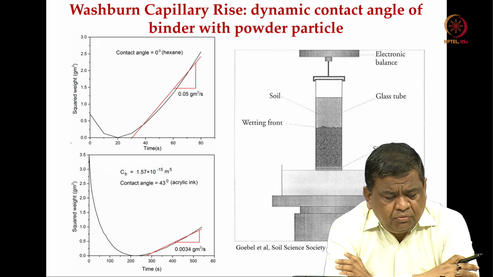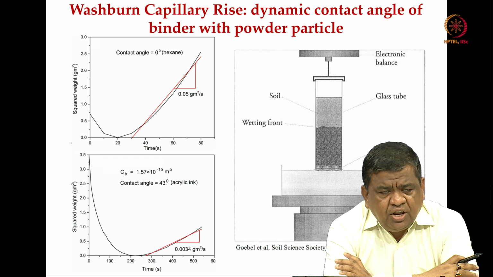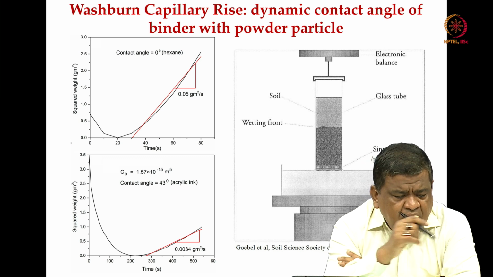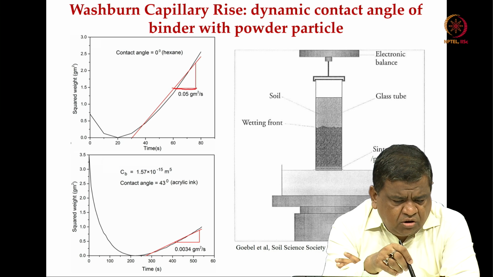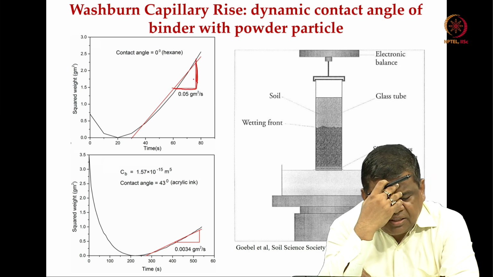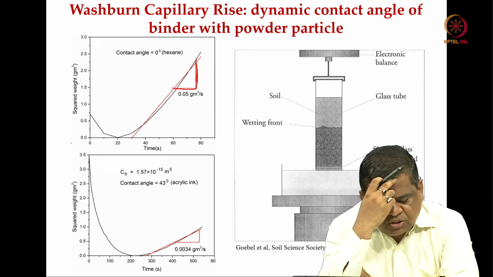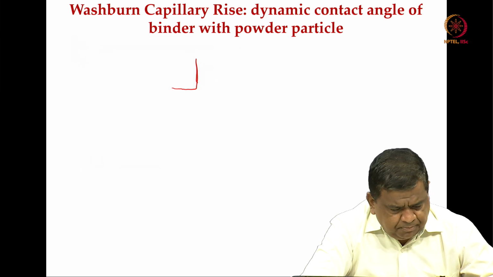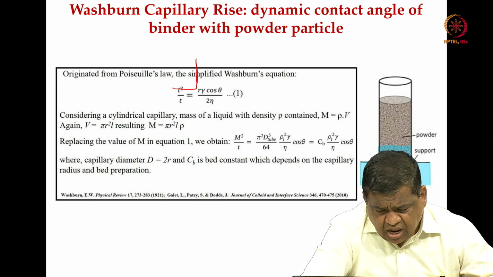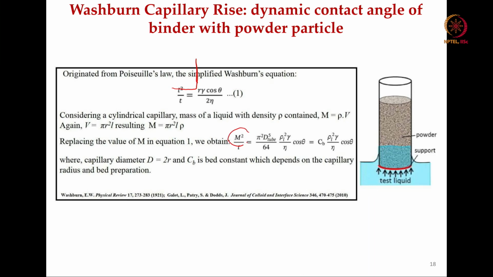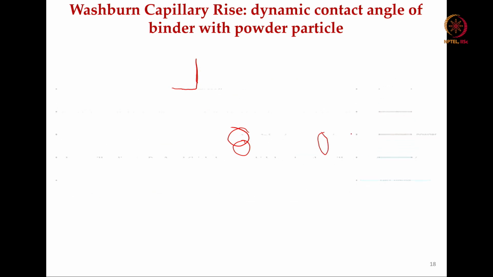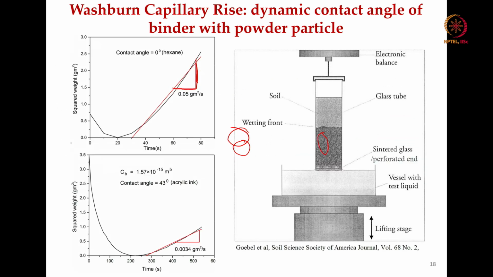What these two plots essentially show is that when the contact angle is 0 degree, like with hexane medium, for this powder bed the slope of the linear part, when mass square is plotted as a function of time, should give you a typical value of 0.05 gram square per second.